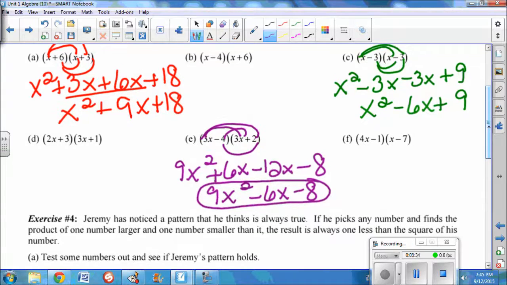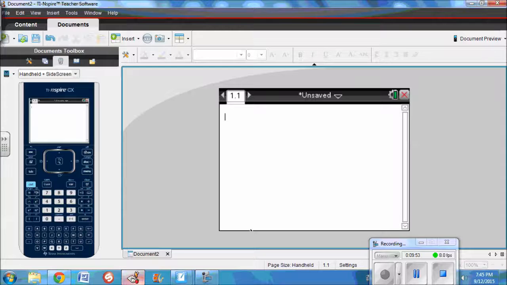Okay? Let's talk about checking these on the calculator. It's kind of neat to check them on the calculator. So let's check letter A on the calculator. So x plus 6 times x plus 3. So how do we check it on the calculator? I'm going to go to my calculate page. And first of all, I got to assign a value to x.